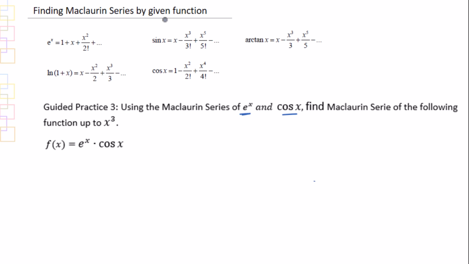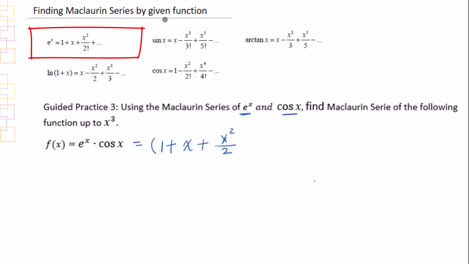We do know e to the x power equals 1 plus x plus x squared over 2 plus x to the third power over 6. We stop at x to the third power over 6 because we need a term up to x to the third power.